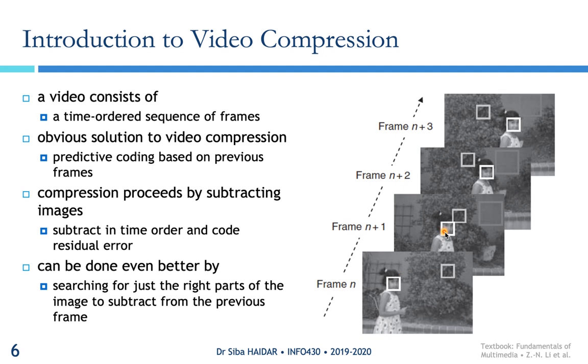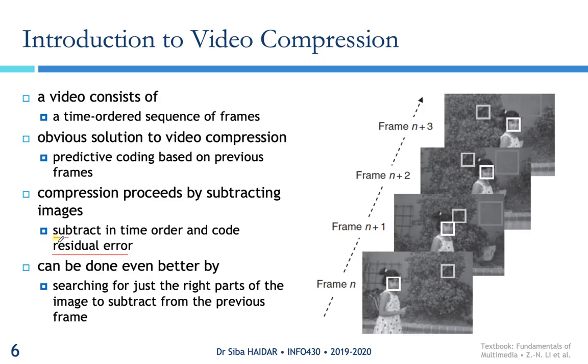Because the girl is moving, the convenient block is not staying at the same indices. So I will search for the right block in order to minimize the residual error. Why do we want to minimize the residual error?